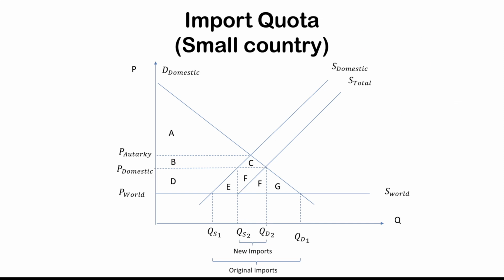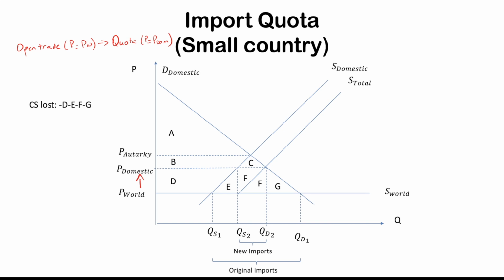We can show that the import quota leads to social losses. If we start from the world price and we go to domestic price, so we start with open trade in which the price is equal to PW, and we go to the quota where the price is P domestic.